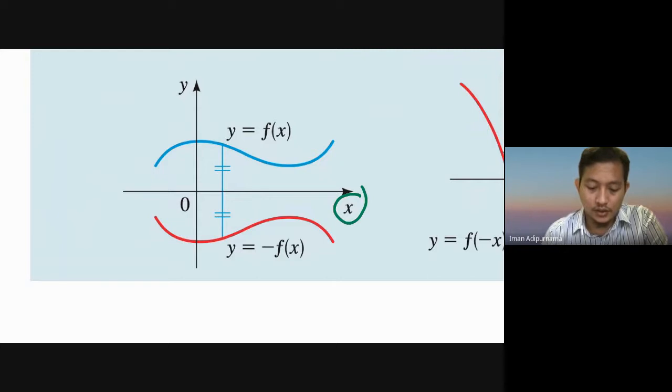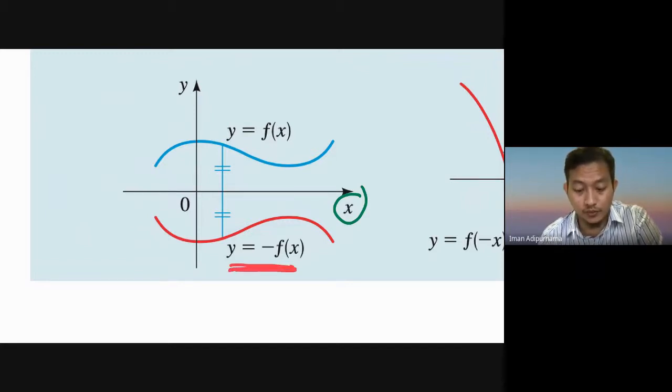So this is the original function here, and it's going to be mirrored and reflected through the x-axis, and the part that appears here is the negative of the function, which is the reflection of the original function.